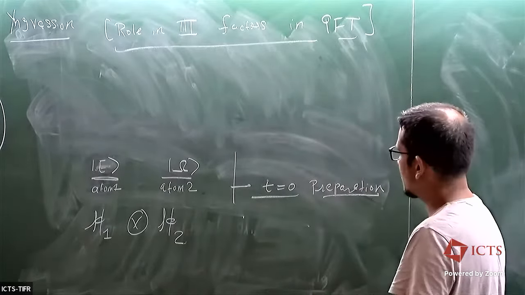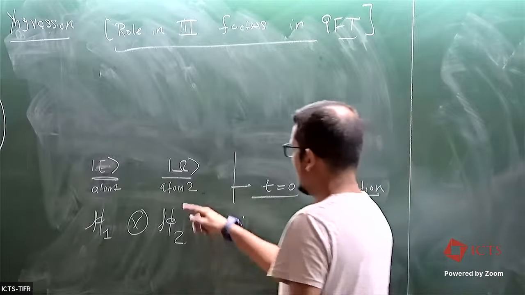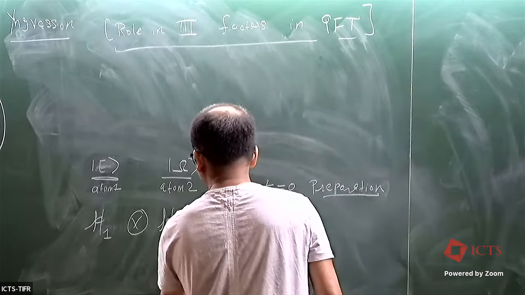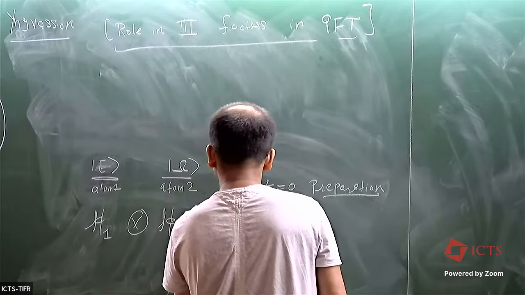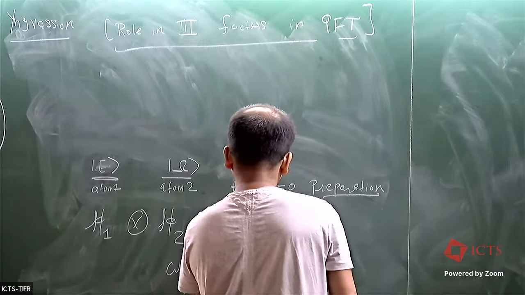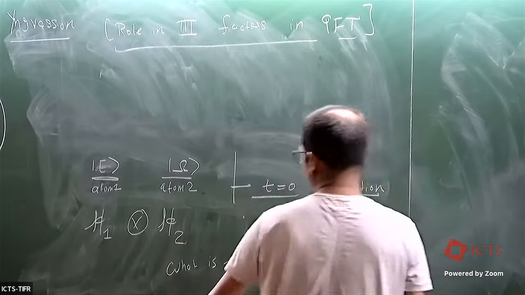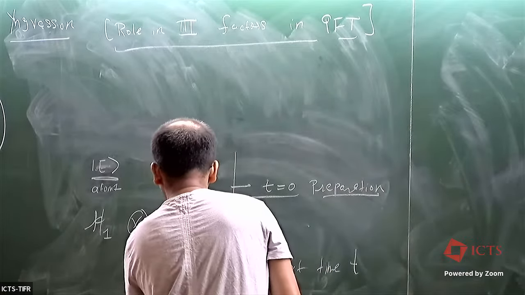But then we can ask the question: what is the probability that at time t atom 2 will not be in the ground state?